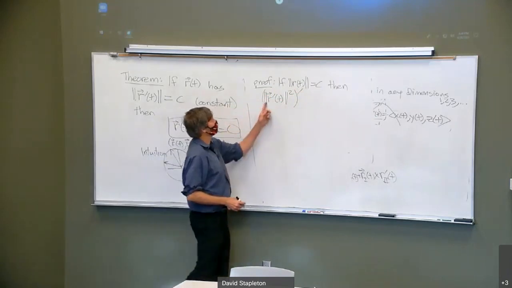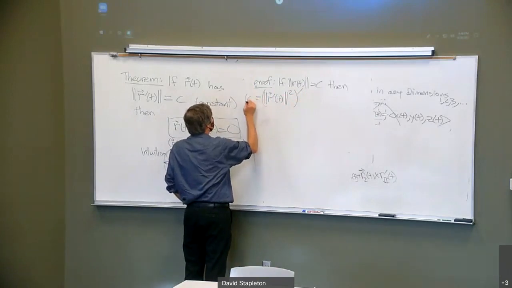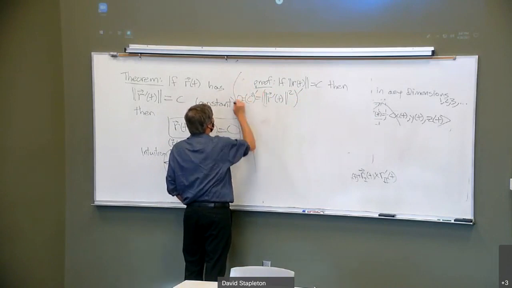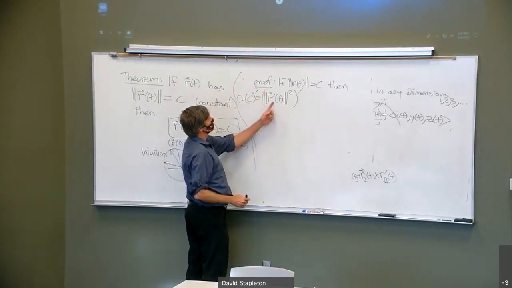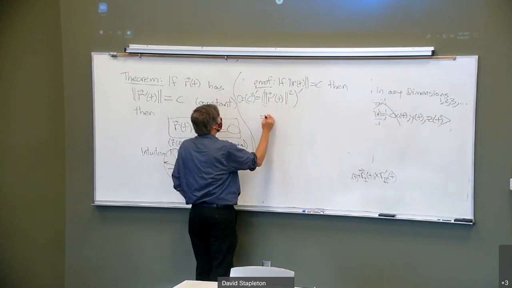Well, the length of r prime of t is C, so this is just C squared. Prime, which is 0, right? So we know the derivative of the length squared is 0.